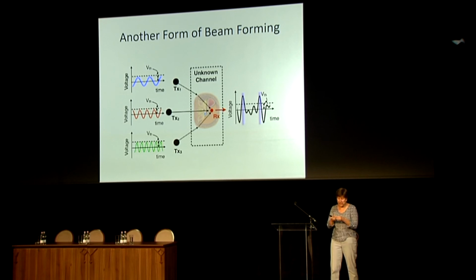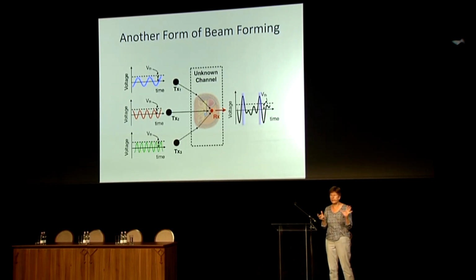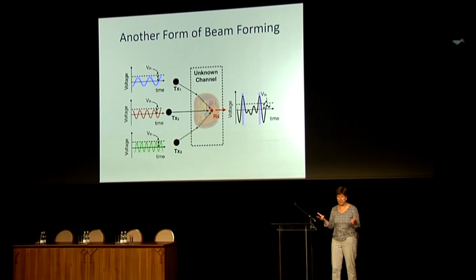So you're trying to get power to this sensor that's in the body, whose location you don't know and from which you cannot get feedback. And so again, the idea here is to take multiple transmitters. It's in the body, so everything is bad. Bad things are happening to the signal. You can't use high power. You really have an extremely challenging situation.